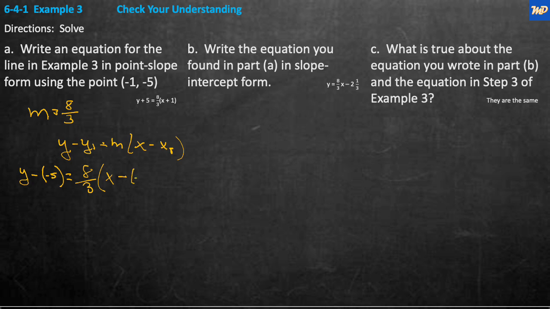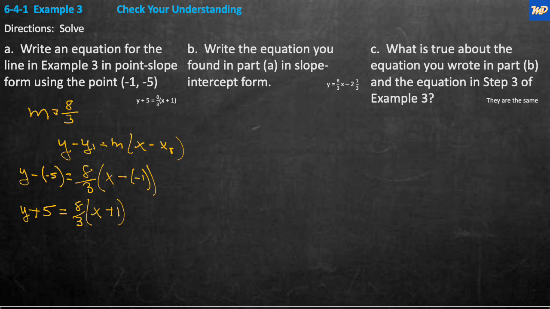So I'm going to do a parenthesis minus 1, and close that off. Now we're going to straighten this out so we get rid of those double negatives. So we're going to have y plus 5 equals 8/3 times x plus 1. Now that is our equation right there for the point-slope form.